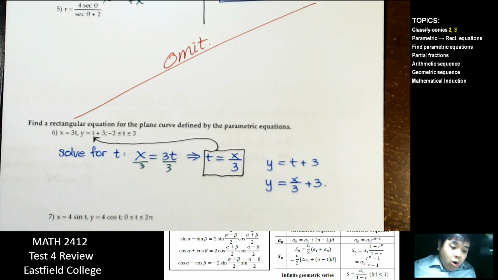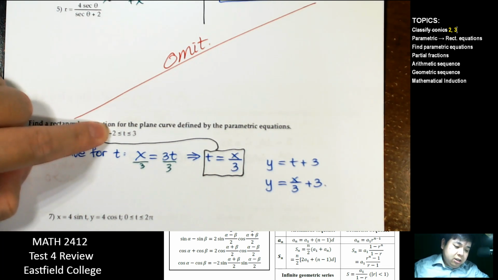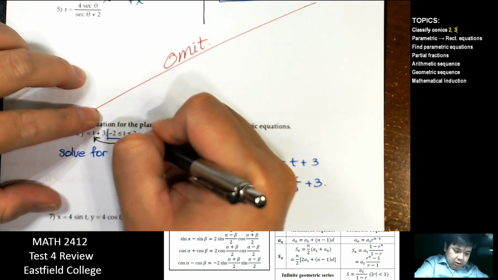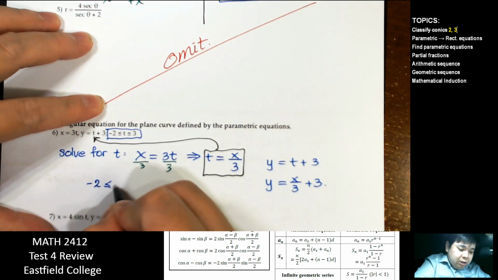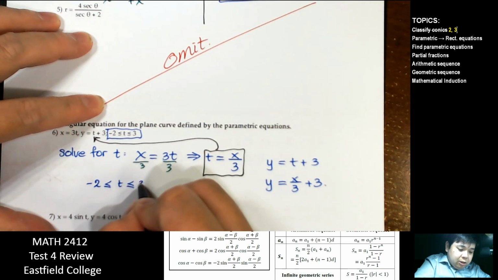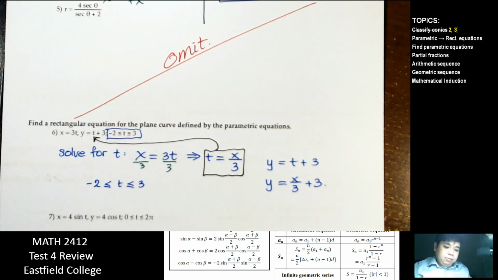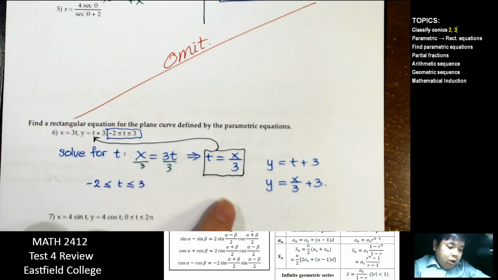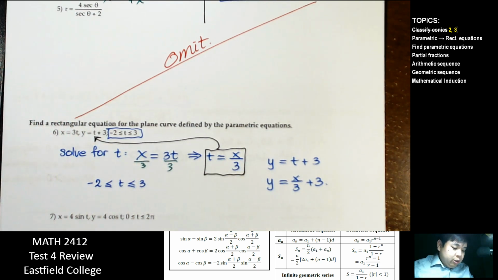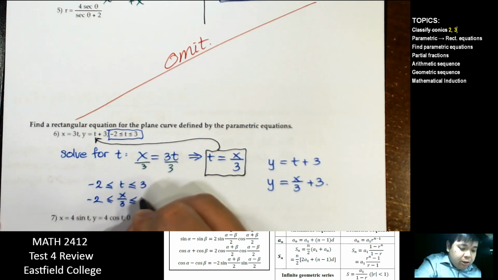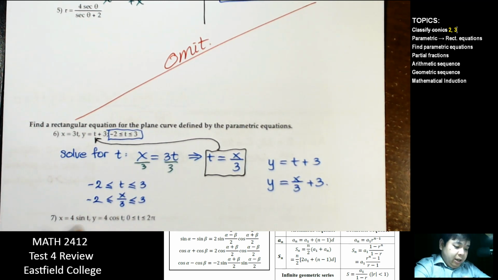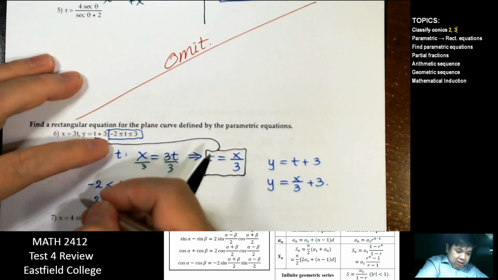The only thing we need to worry about is this. So let's write that again. So that's what we have. Now, in order to have t equal to x over 3, I will substitute x over 3 like that, and multiply everything by 3.